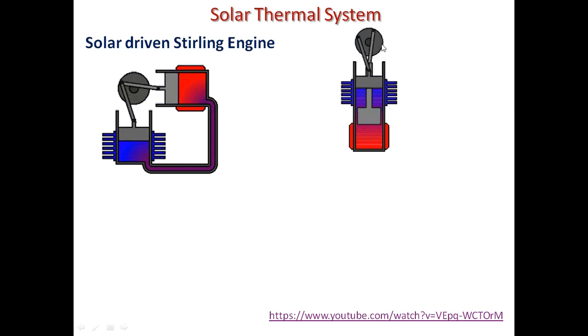Now if you see, in this case you require heat energy. Only if you provide this heat energy is it possible to generate this kind of mechanical movement of your piston. This heat energy is given by concentrated solar power.